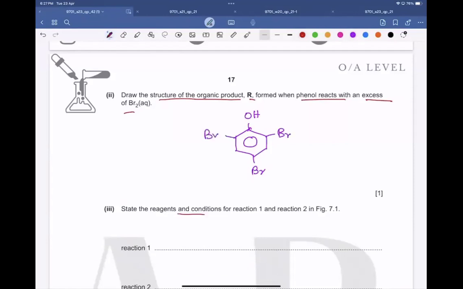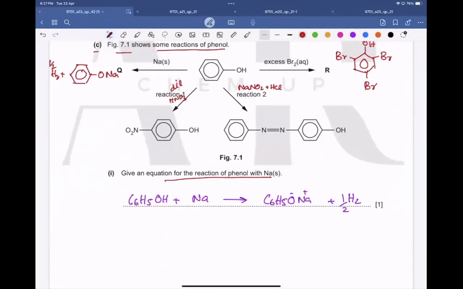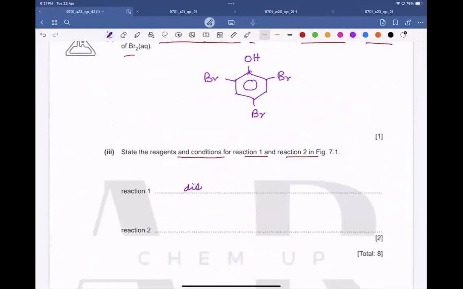Now, state the reagent and conditions for reaction 1 and reaction 2 in figure 7.1. For reaction 1, we use dilute nitric acid. So dilute is the condition and the reagent is nitric acid.